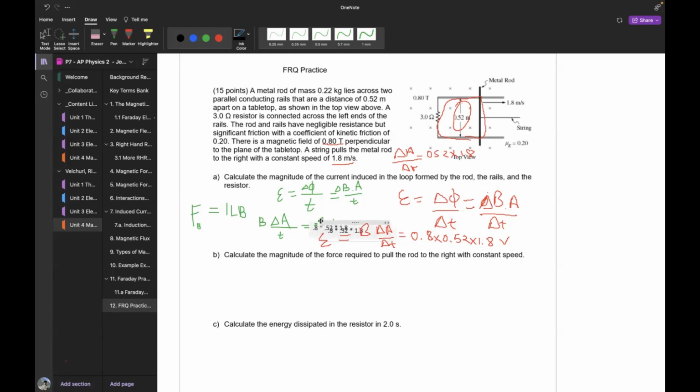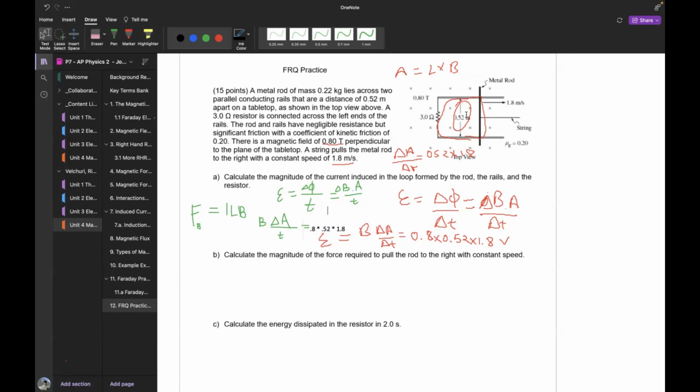So you get 0.52 times 1.8. That's the area when it starts, but that's not the change in area, is it? That's the change in area because 1.8 is the velocity by which this rod is moving. So area is increasing, I can write this area as length into breadth.